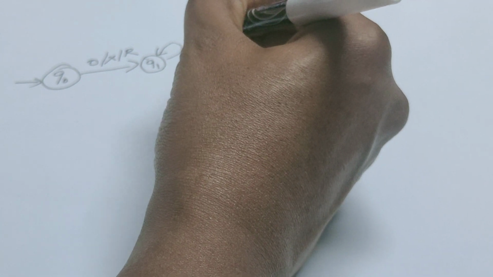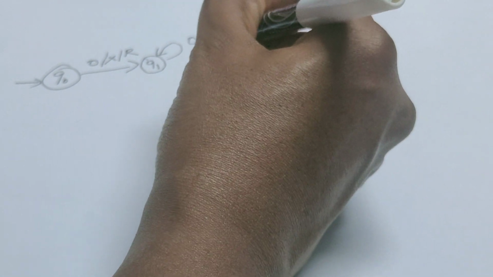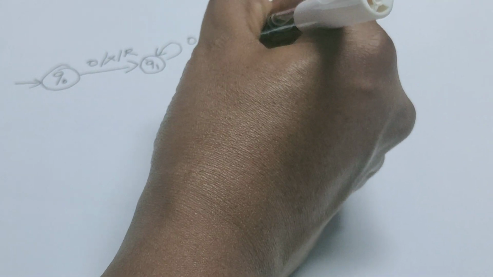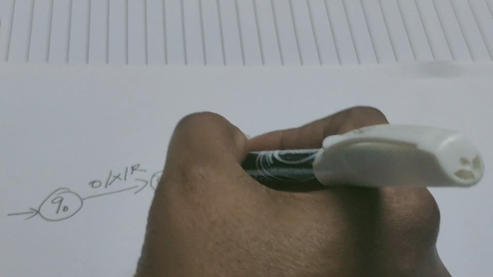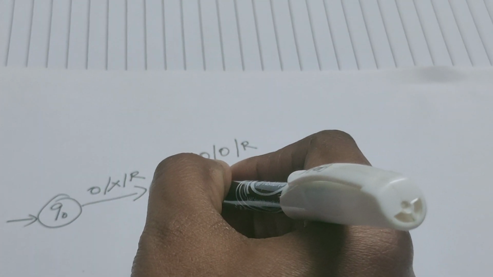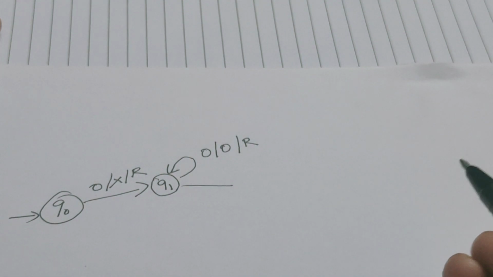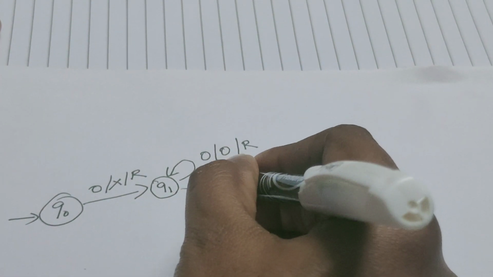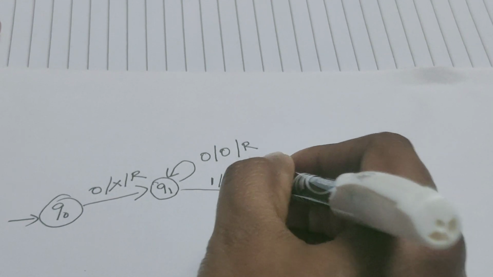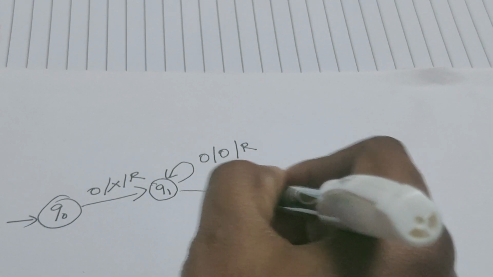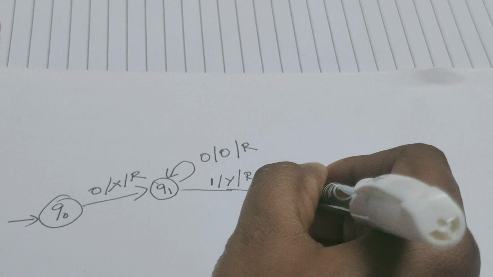All those zeros will be accepted as zeros itself, but the read write head keeps moving right. At some point from Q1, it will read 1 after reading all the zeros. That 1 must be replaced by Y, and the read write head is going to move right, and the state is changed to Q2.